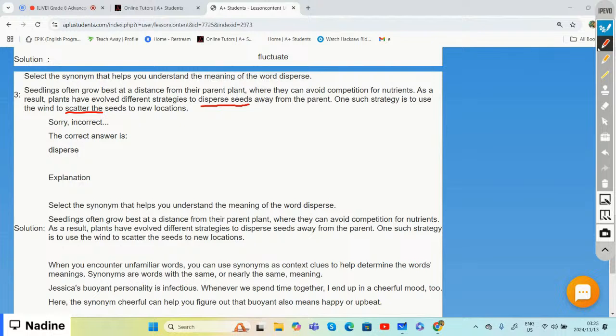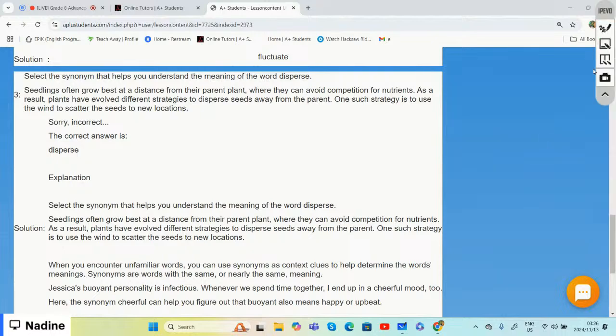It's being scattered, being spread over a specific area, and they spread out over the specific area in order for them to find new locations.